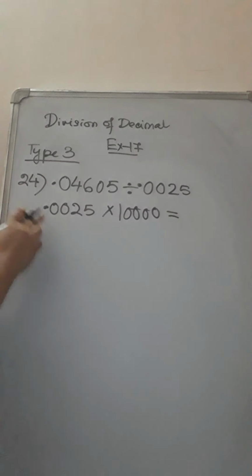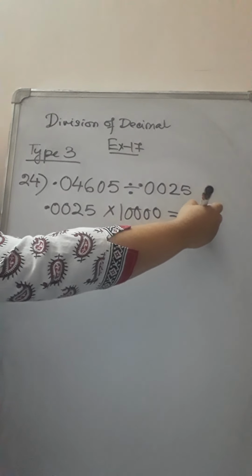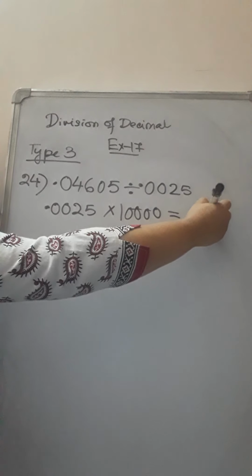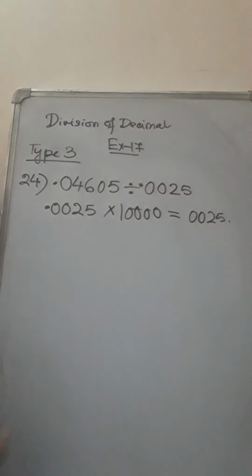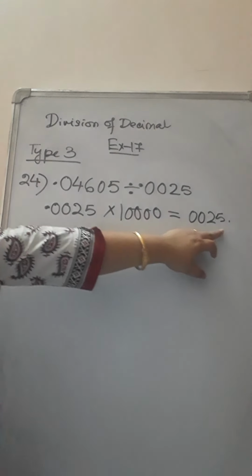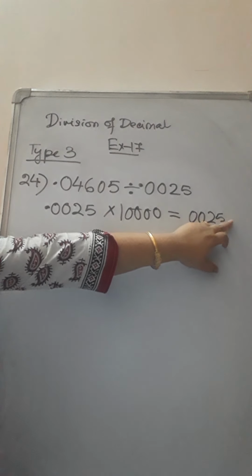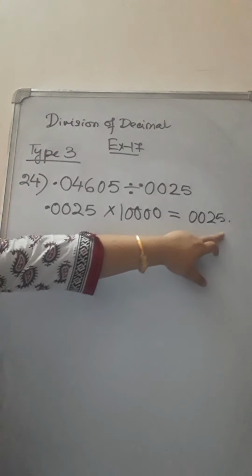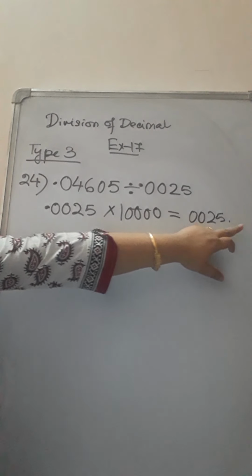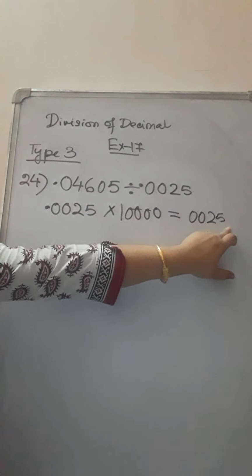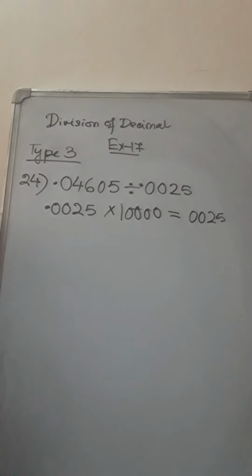Then the point will shift, and what you get? 0025. Then after that the point comes. Having a point at the end of any number means the number is a pure number, not a decimal number.